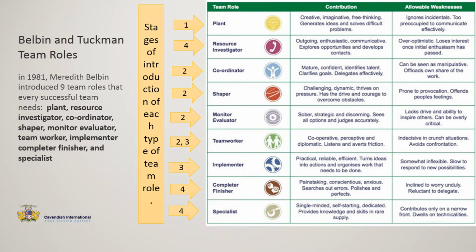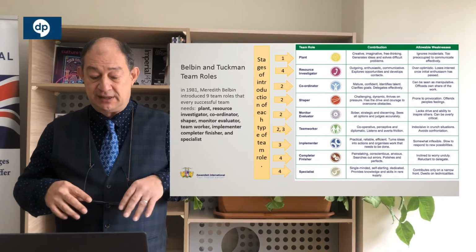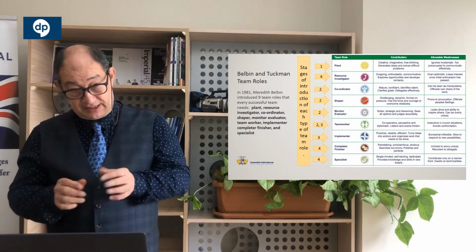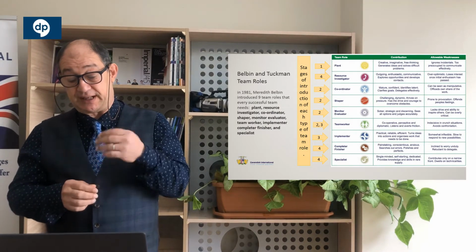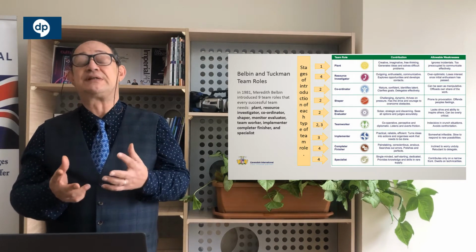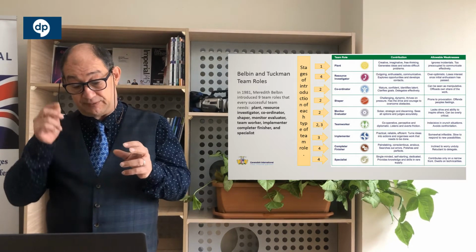Remember the roles, different types of roles. This is not about just hard skills, but the soft skills of people. At the early stage, when you're putting the team together and forming the team, where there's high anxiety and people don't know what the job is, what they're going to do, you need to introduce people we call plants.